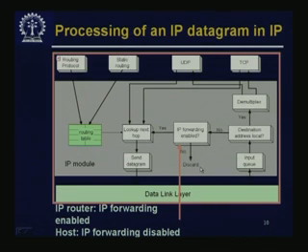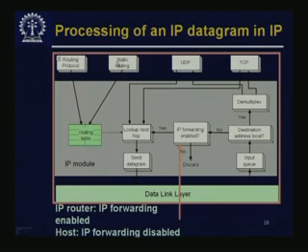This is a slightly higher level and abstract view of processing an IP datagram in IP. Okay. So, there is this IP module. There is a routing table, this is the central thing. There is a routing protocol which may make this table.